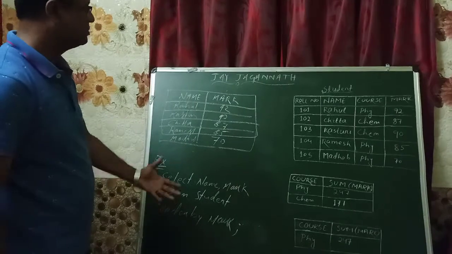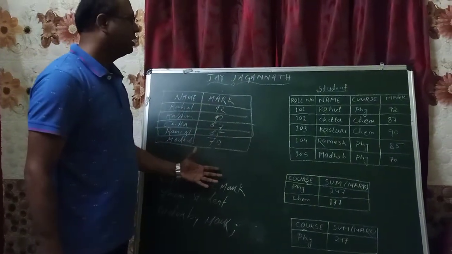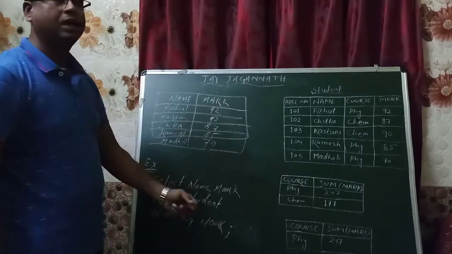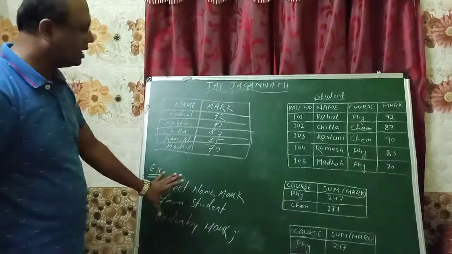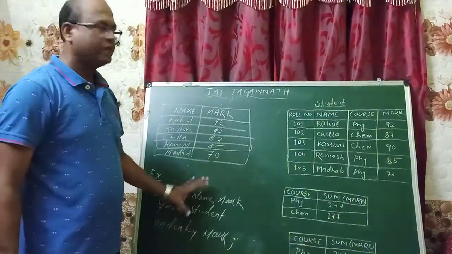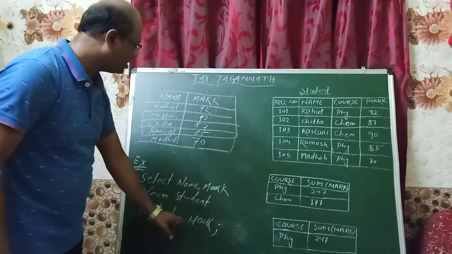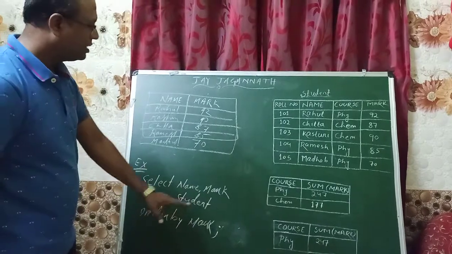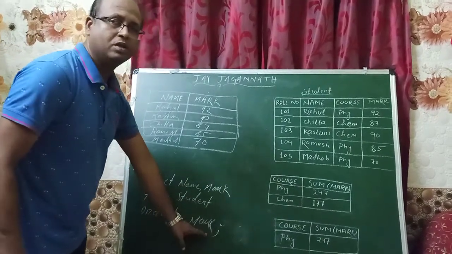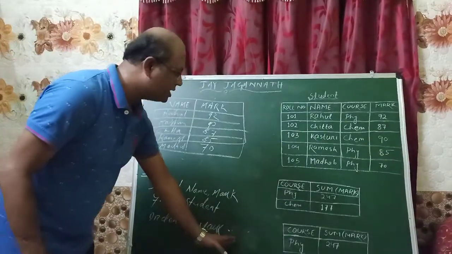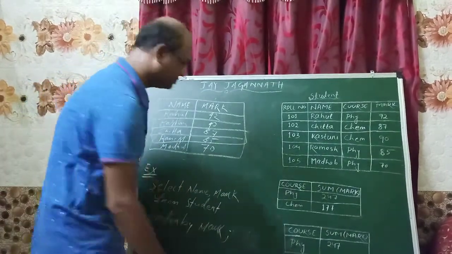By default, the marks will be sorted in ascending order. If you use the order by clause and write a column name, the values of that column will be in ascending order by default, whether you mention ASC or not. That is one.